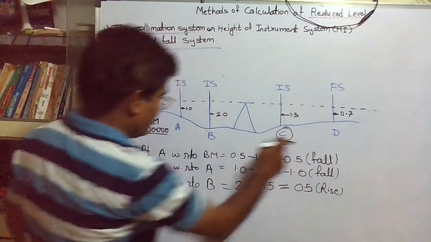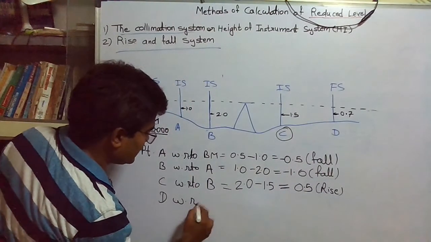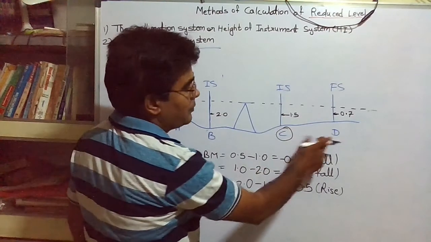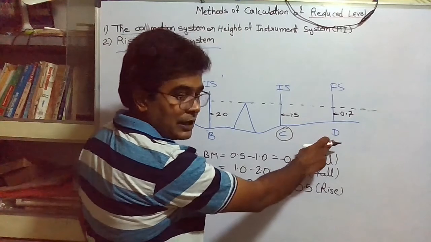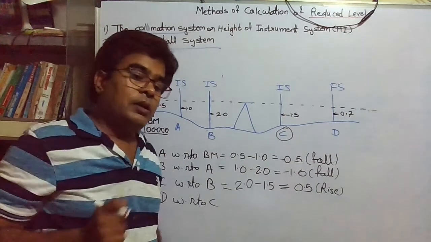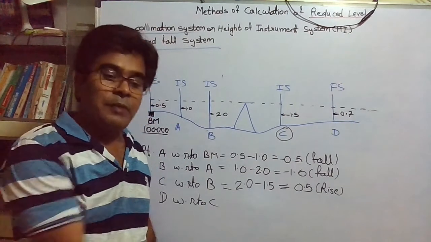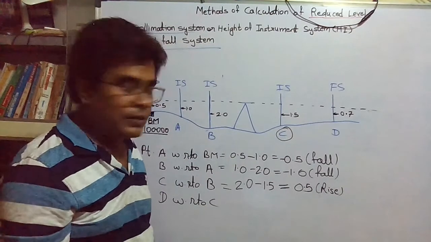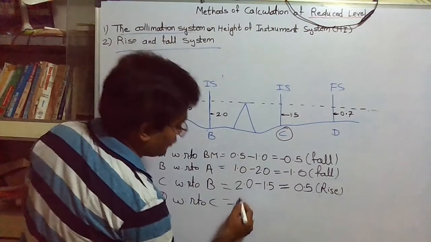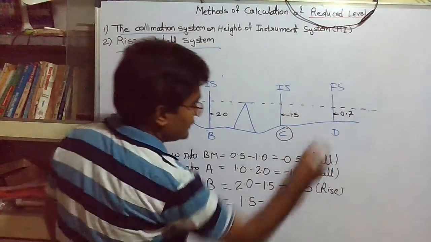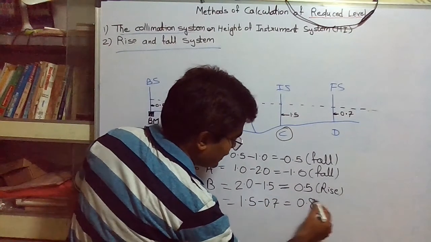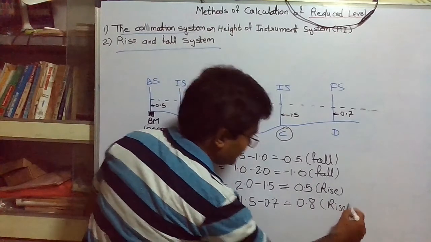Again we compare point D with respect to point C. If we compare the forward point with the preceding point, the reading is decreasing, which means the staff is coming up, so there will be a rise. To find the difference, 1.5 minus 0.7 gives a difference of 0.8 meter, and that is also a rise.